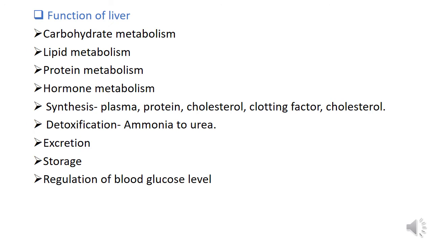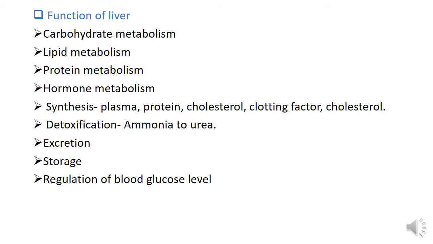Next function is detoxification. Ammonia is detoxified to urea, and drugs and other xenobiotics are detoxified and excreted. Next function is excretion of bile pigments and bile salts into the bile. Then next is the storage function: glycogen storage, and vitamin A, D, K, B12 and iron storage take place in the liver.